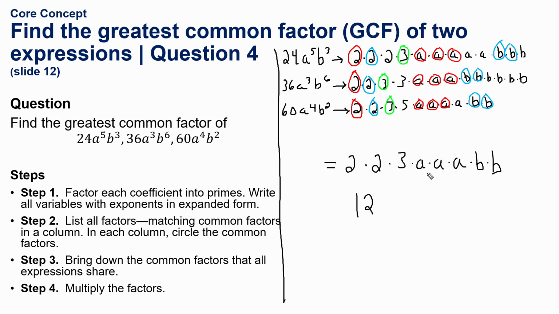A to the third power then, a times a times a, 3 a's, a to the third power, and 2 b's, b to the second power. So this is considered to be my greatest common factor for these three terms.